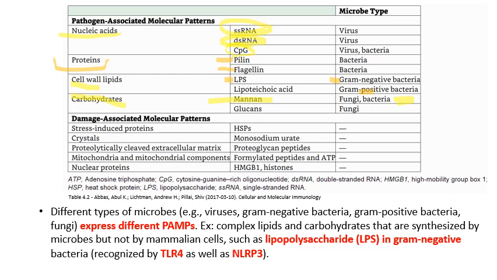Now remember, your PRRs also have to recognize damage signals in your own cells. So there are important damage things that you should know. If your cell is under stress, it's going to produce stress-induced proteins. Those are patterns that also can be recognized. And if your cell is producing too many crystals, those also can trigger some recognition.